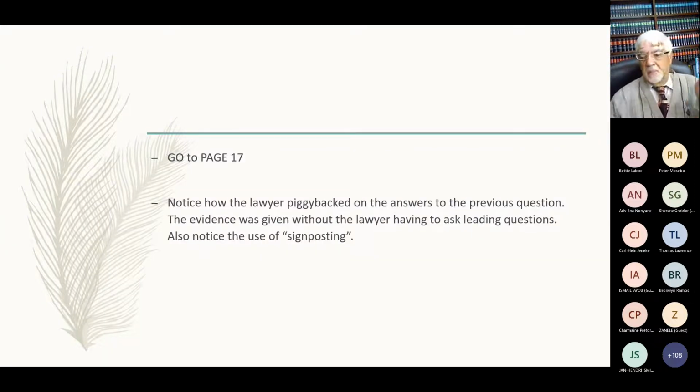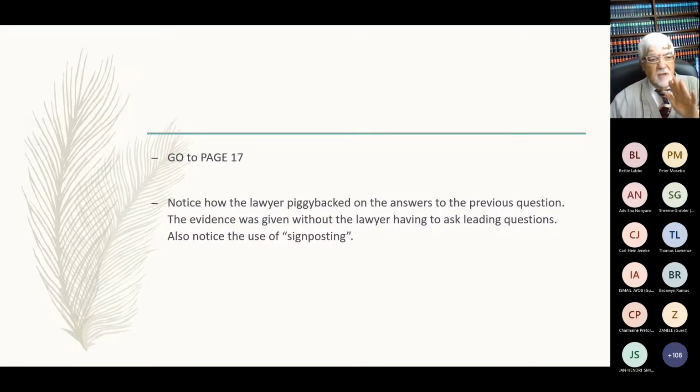Okay, now I gave you your materials. If you look at page 17, there's a whole case study there on how you use the technique of looping or piggybacking on the answer to the previous question.